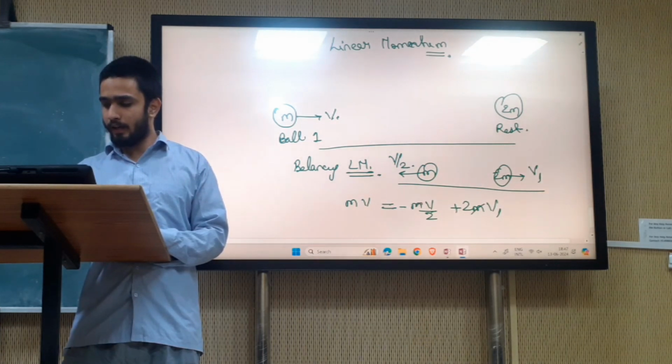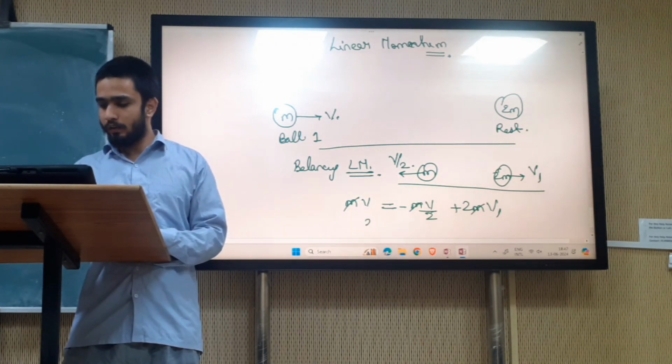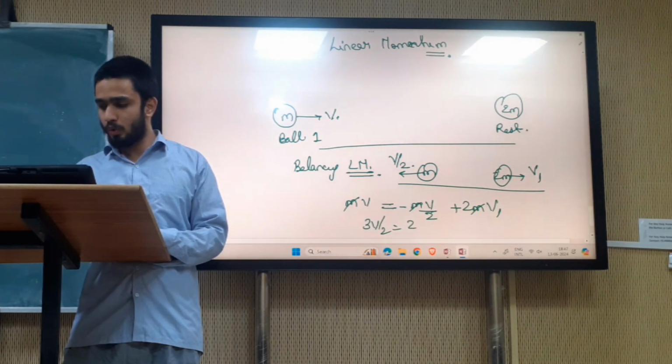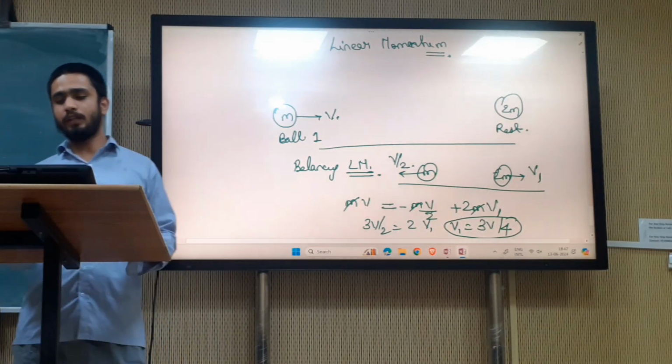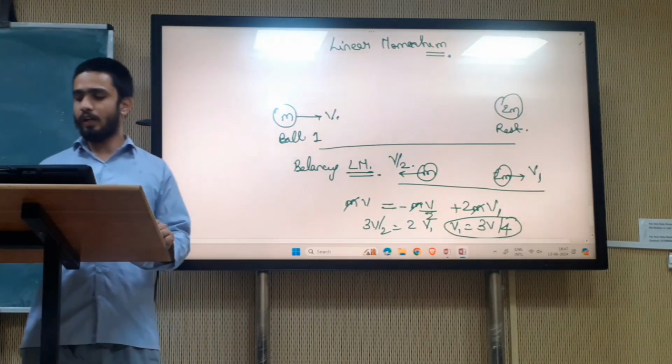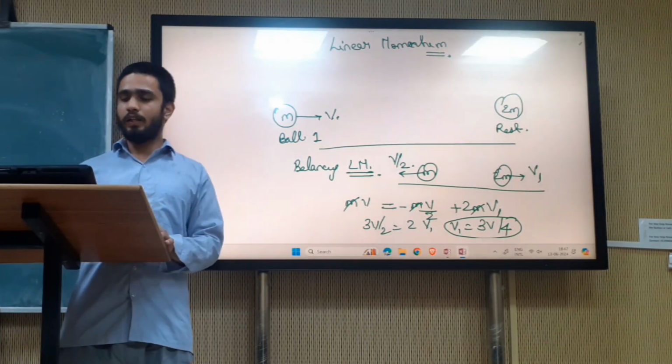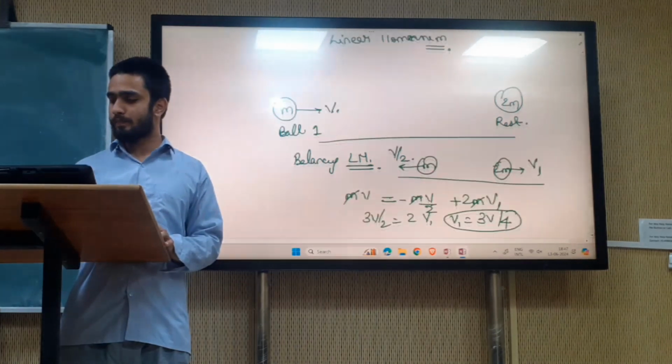The m's cancel, 3v by 2 is equal to 2v1, so v1 is equal to 3v by 4. This is how we can balance the linear momentum and find the unknown values in the question.